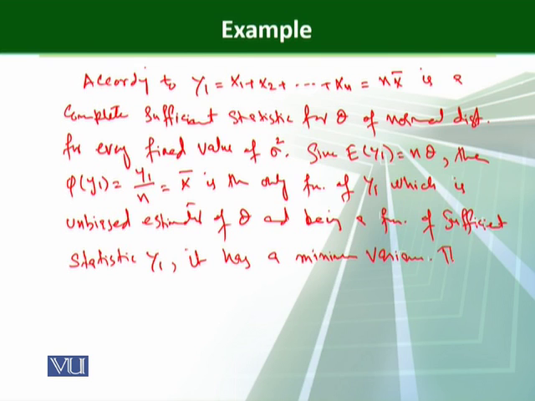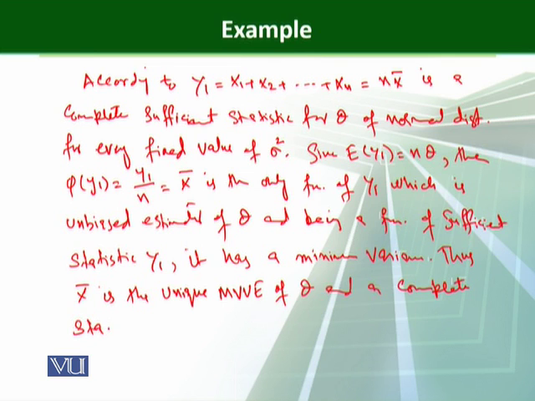Thus, x bar is the unique minimum variance unbiased estimator of theta and a complete statistic for theta.